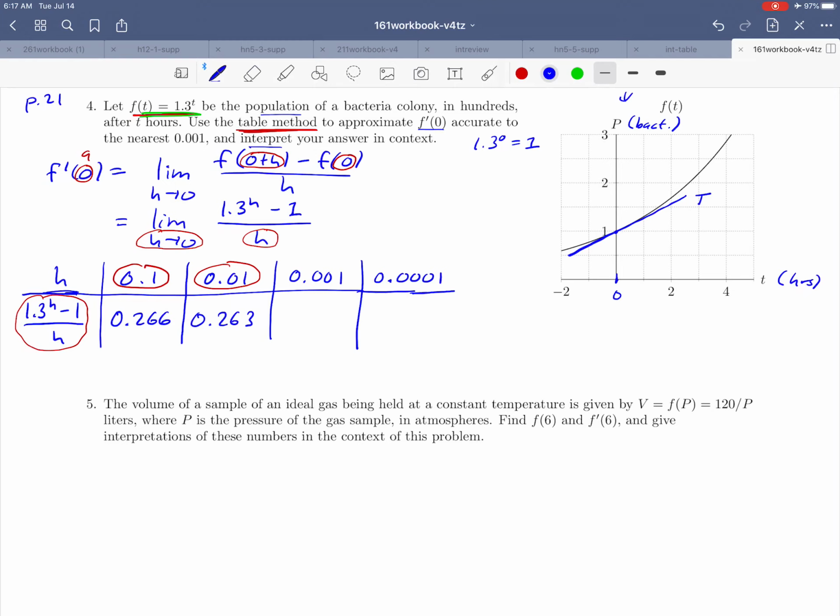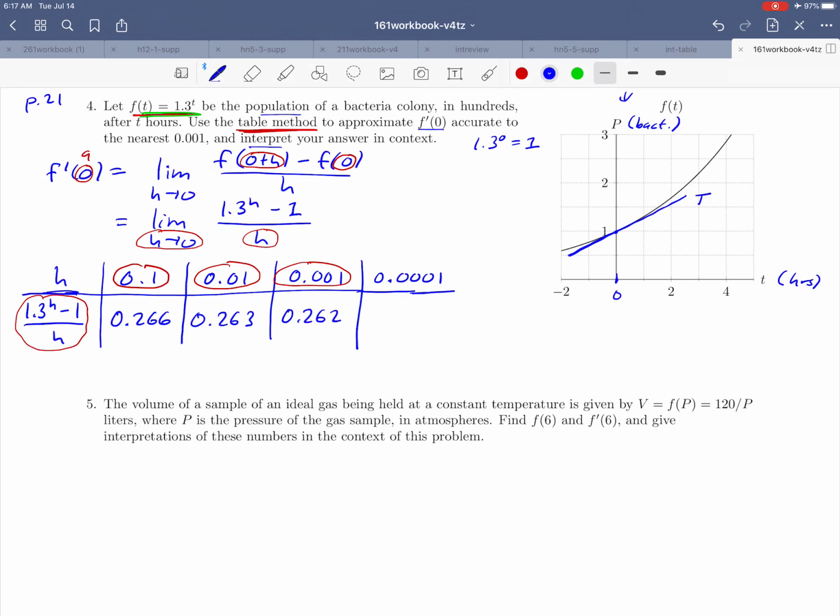And then one question that you might ask when you're doing this is, how far do we go? How many numbers in our table do we need? Well, generally you go out far enough so that the numbers that you get stop changing. So if you plug in 0.001, you're going to get 0.262.